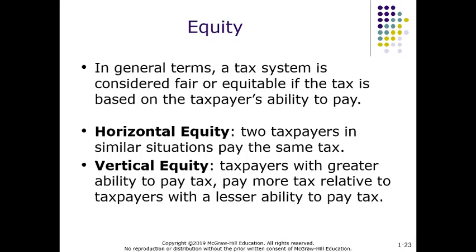The taxpayer who owns the home is going to get mortgage interest deduction as well as deduction for property taxes paid. So they're going to pay less in taxes than the person who rents, even though they both make the same amount of income. So in certain situations, our current system, from a horizontal equity standpoint, is not equitable.